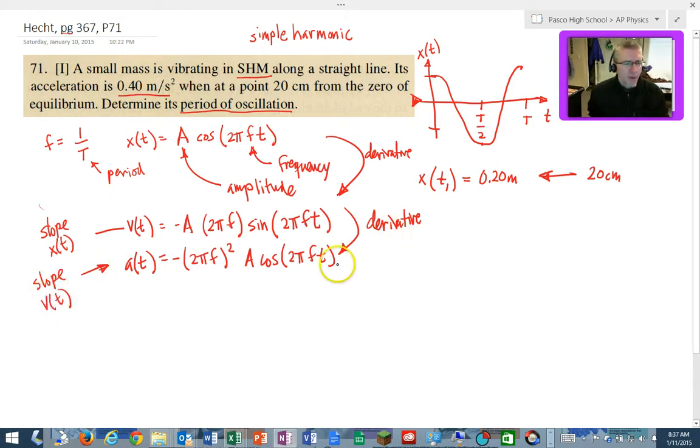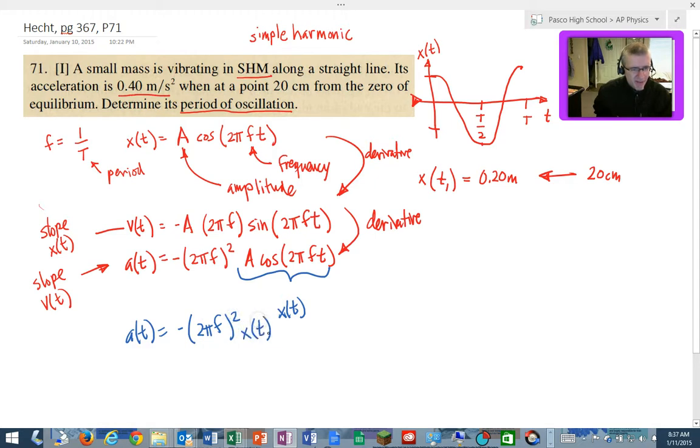Okay, cool. So what you should notice is that this right here is basically x of t. So another way we could look at the acceleration with respect to time is minus 2 pi f squared times x of t, because that's what the a cosine 2 pi f t is.